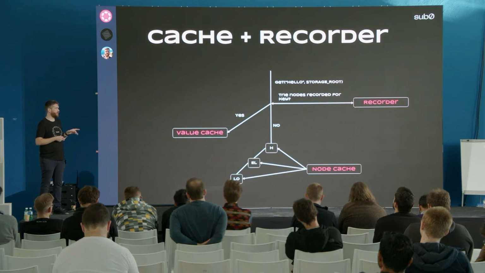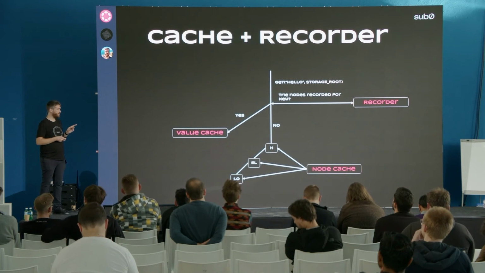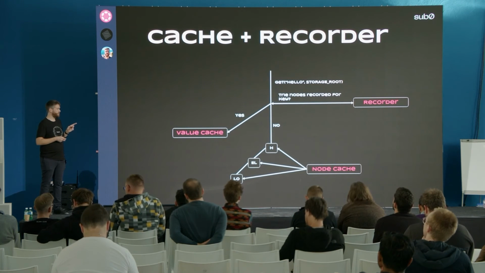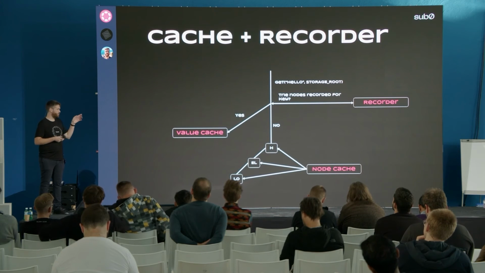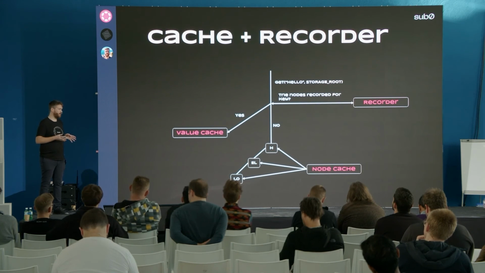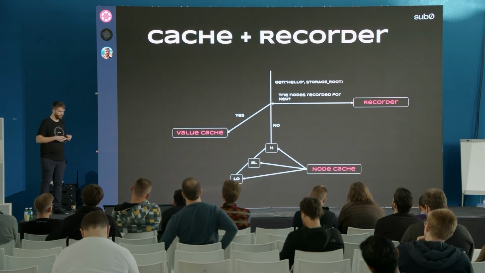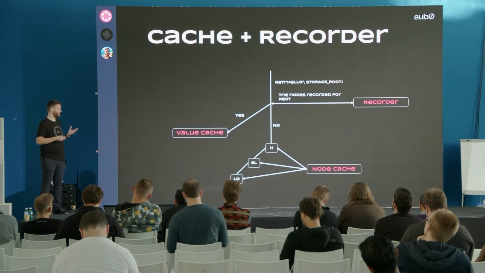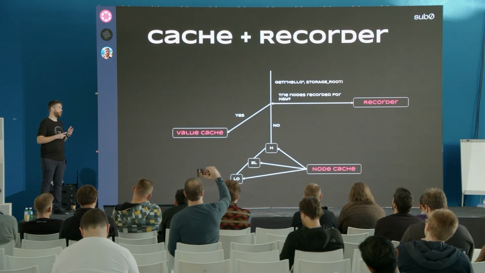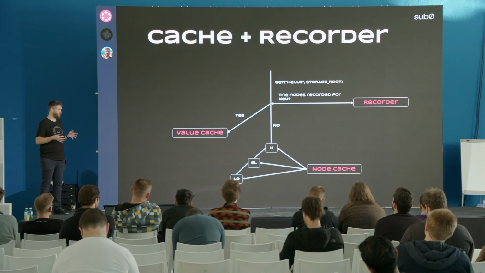And if the recorder has still not seen these trie nodes, we still need to traverse the trie and ask the node cache. Maybe you think that now we are worse again than our state cache. But if we remember, the state cache wasn't working for collators at all.